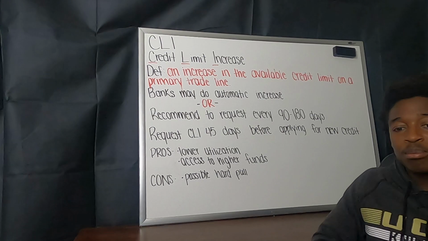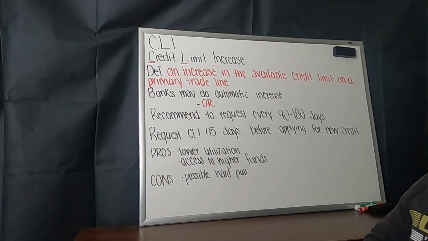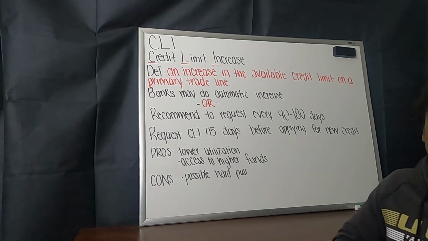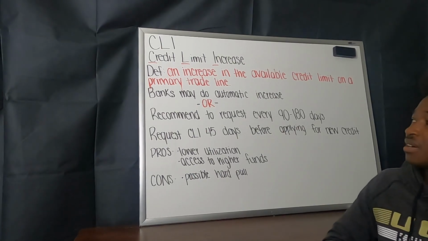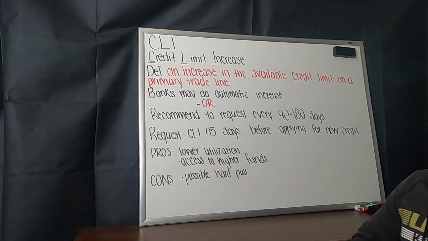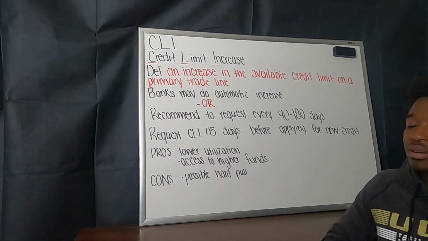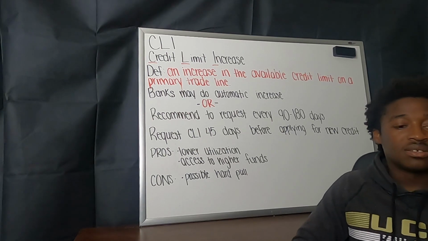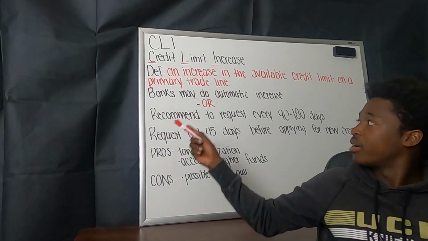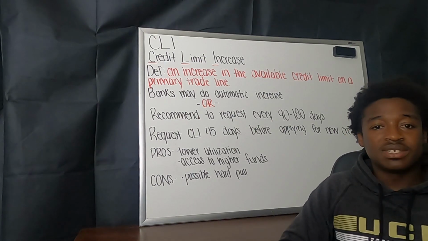Based upon your usage of the account and how you manage the account, your bank may or may not approve you for a credit limit increase without you even taking the extra time out to apply for it, without you actually doing anything. So again, that is the automatic route, where the bank can just give you an increase.